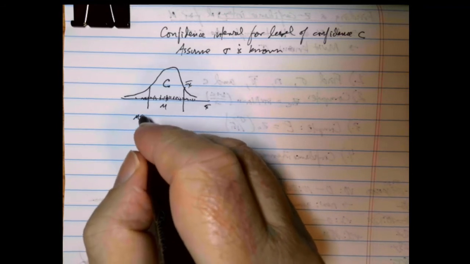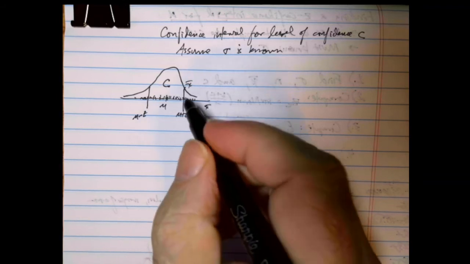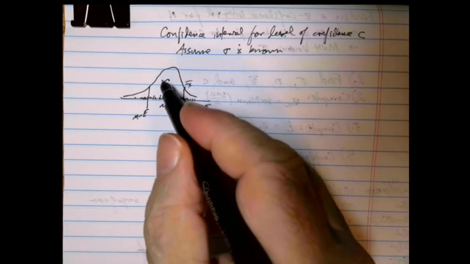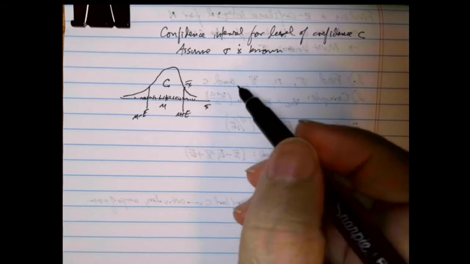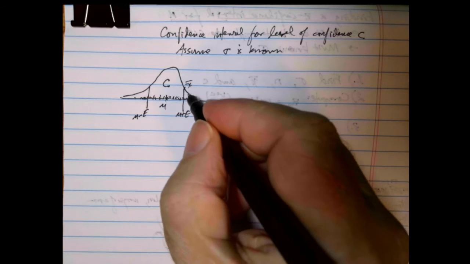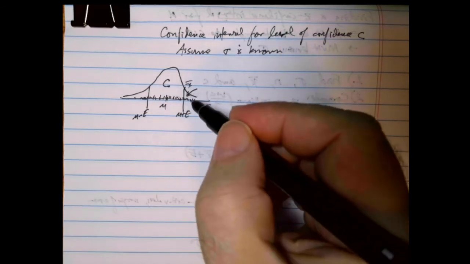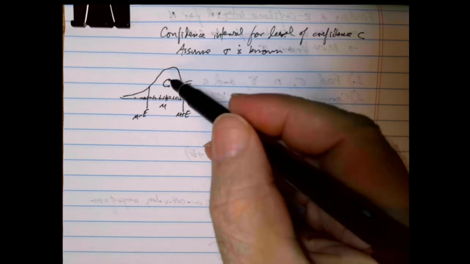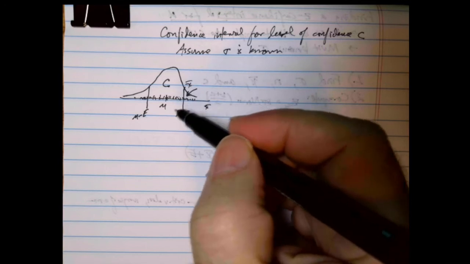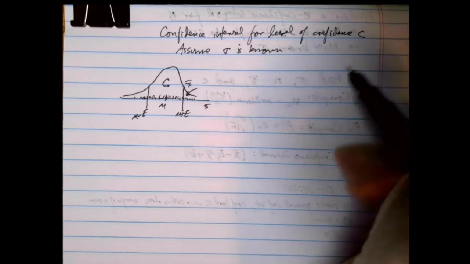If I call this one mu minus E and mu plus E, then the area over the interval from mu minus E to mu plus E has to be C. Now I know sigma, but I don't know mu, so even though I know what this little area has to be, and I'll talk about what it actually is in a second, I can't compute mu plus E directly because I don't know mu.